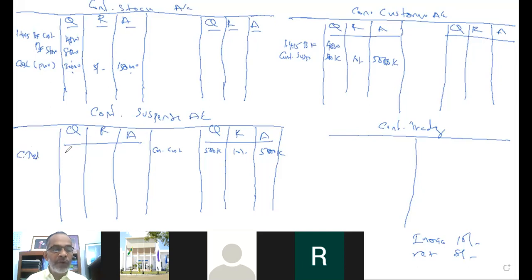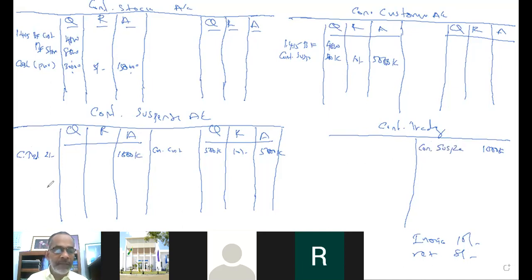We have to record by 500 multiplied by 2 rupees. That is the excess. Therefore, that will be 1 million debit and also 1 million rupees credit in the trading account. I am writing here container suspense.